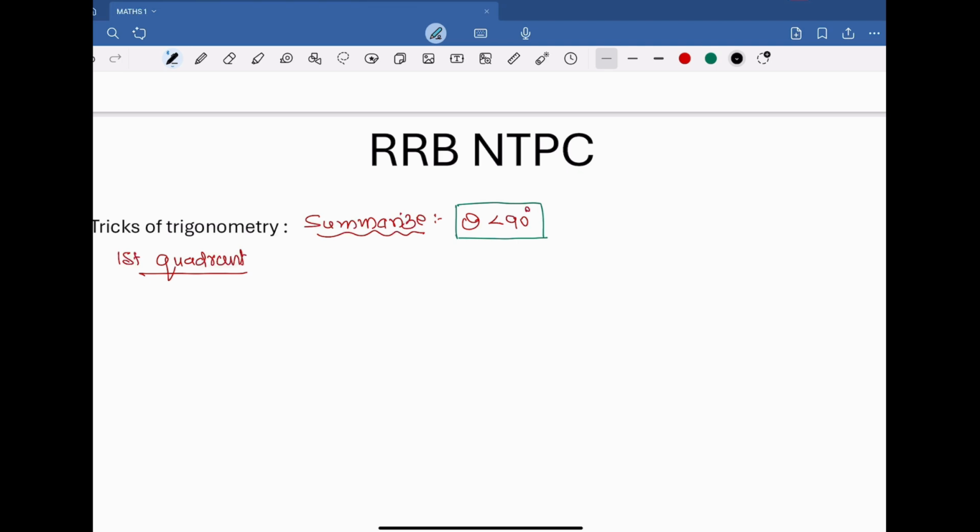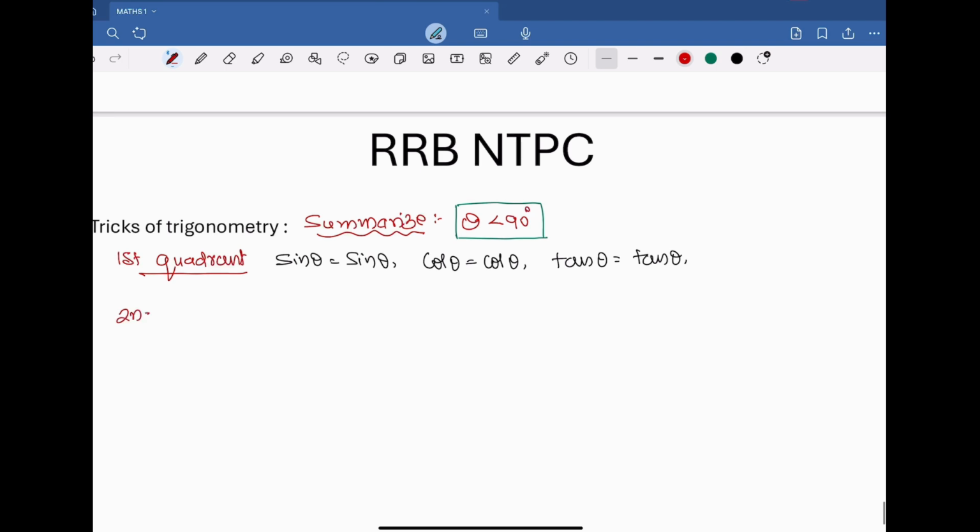I am not taking boundaries like theta less than or equal to, as I don't want to burden you with a lot of stuff. I want to simplify things. In the first quadrant, sin theta will be sin theta only, cos theta will be cos theta only, tan theta is equal to tan theta.